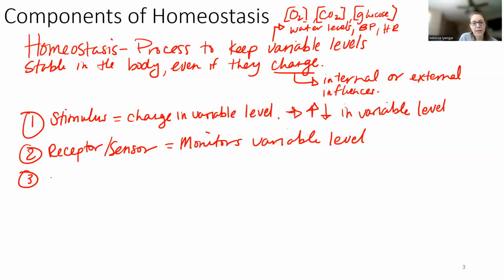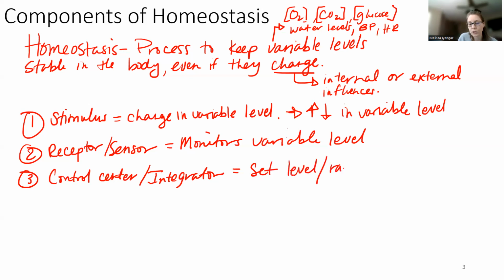Okay, three is an integrator or a control center. This is normally the brain, but it can be other things. Essentially, the control center sets the variable range or the variable level. So it creates the set level or range for the variable. Meaning my oxygen has to be this much, my glucose levels have to be this much.